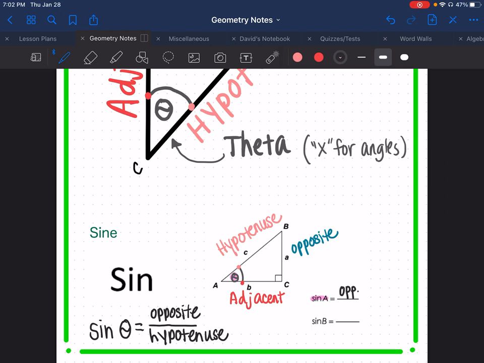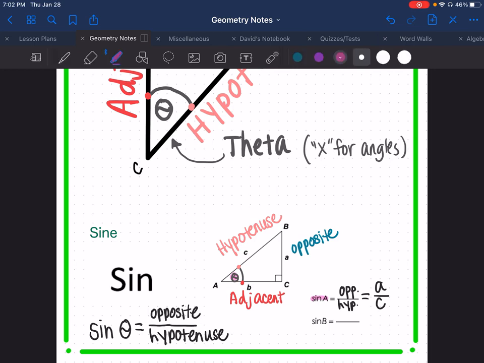Let's go ahead and just put OPP over the hypotenuse. Let's go ahead and put HYP. And I would put the letters B for, no, A, sorry, over C. Whatever the A value is over whatever the C value is.